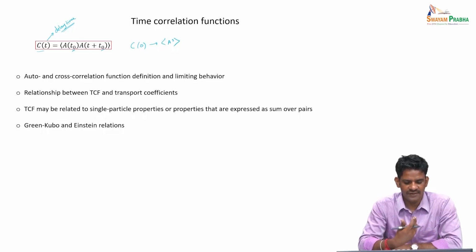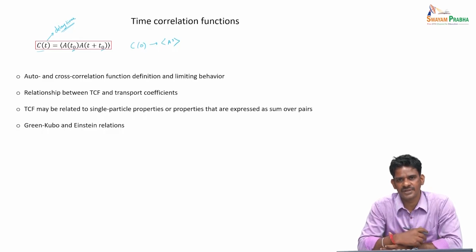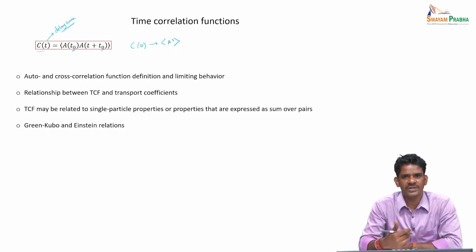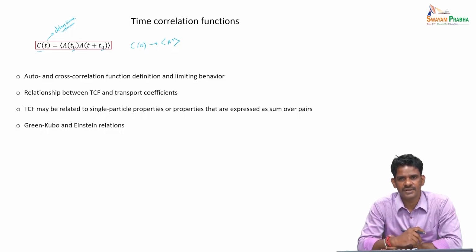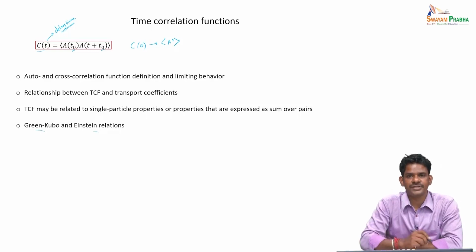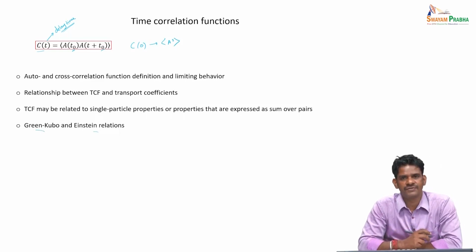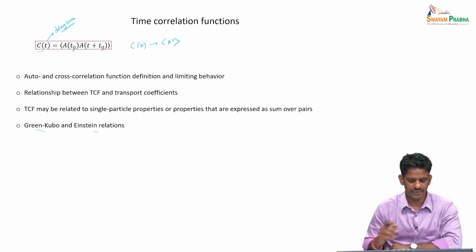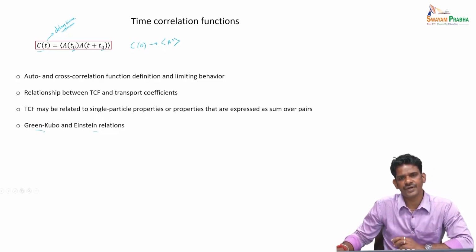That means if I can calculate time correlation functions, we can calculate certain transport properties. For example, the viscosity is related to the time correlation of velocities, and if you calculate the stress autocorrelation function, the system's viscosity can be calculated, etc. And we already noted some Green-Kubo and Einstein relations where the time correlation functions are related to those transport properties.